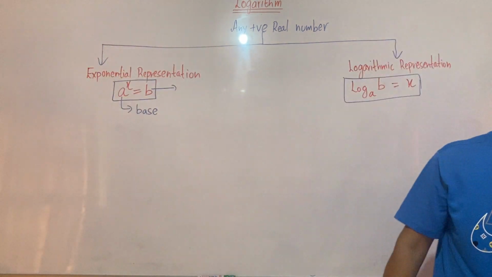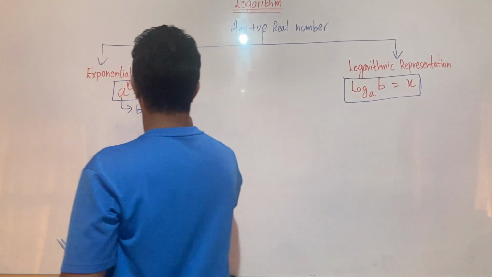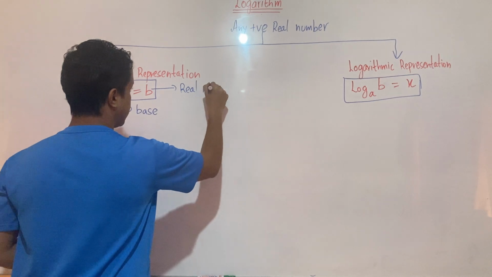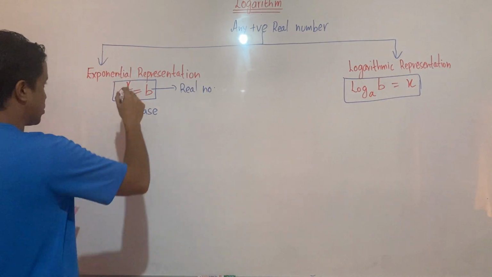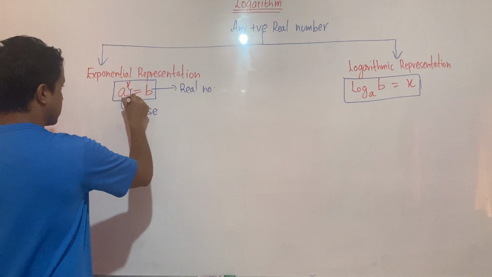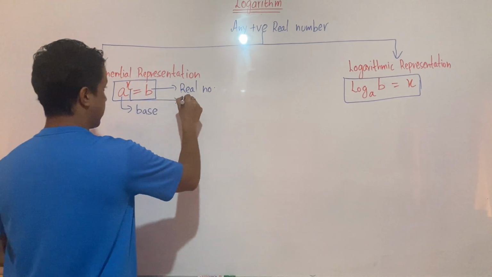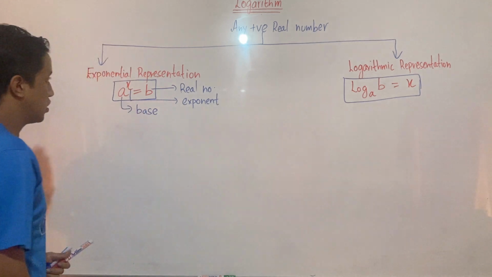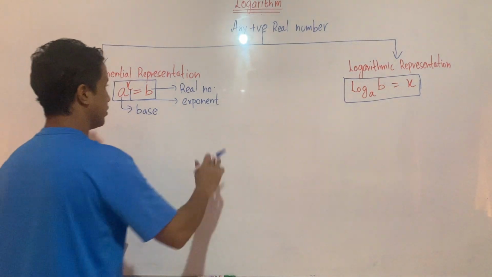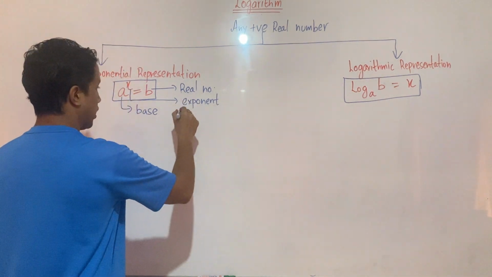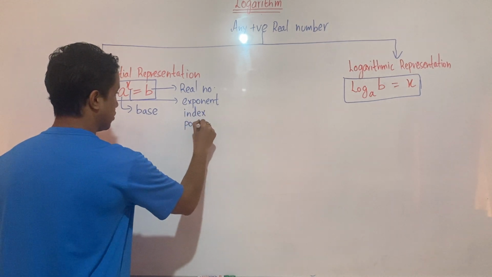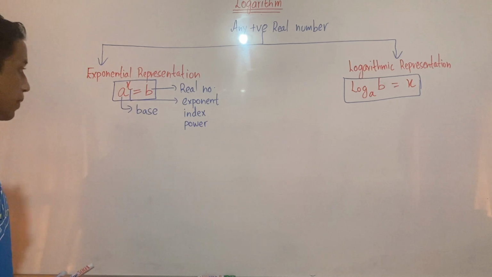This is going to be the real number, right? And what is this x? x represents the exponent, or index or power.